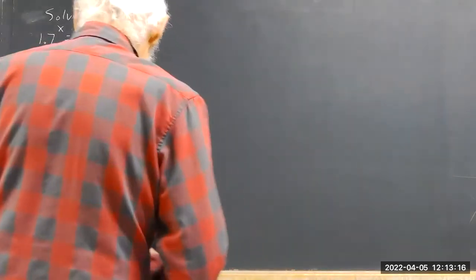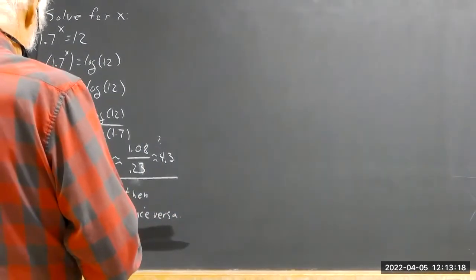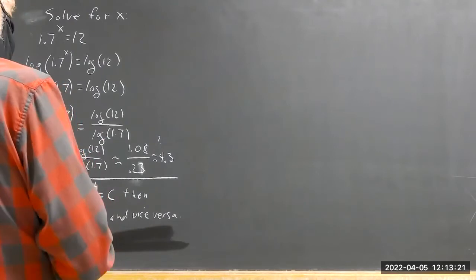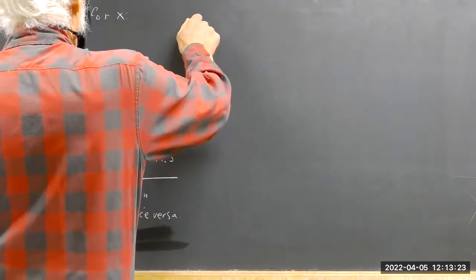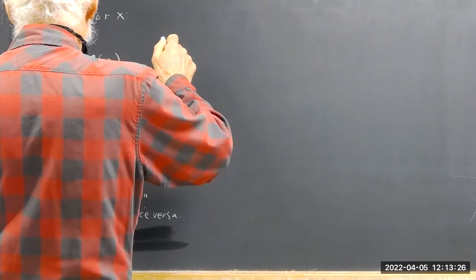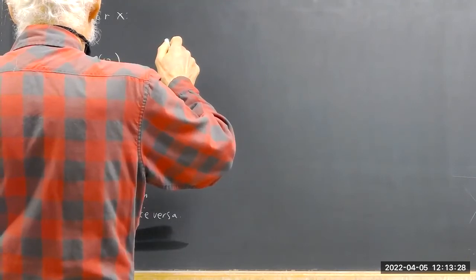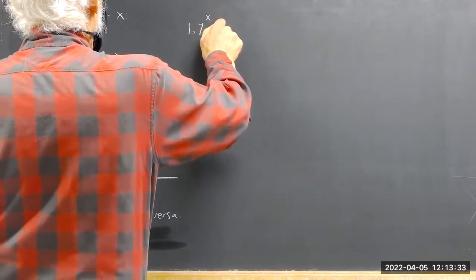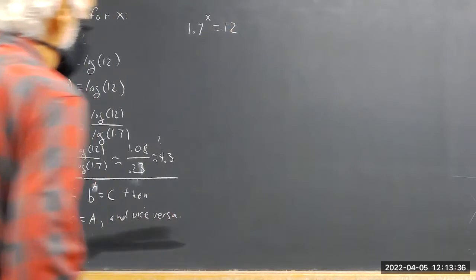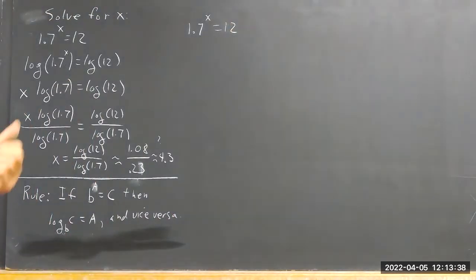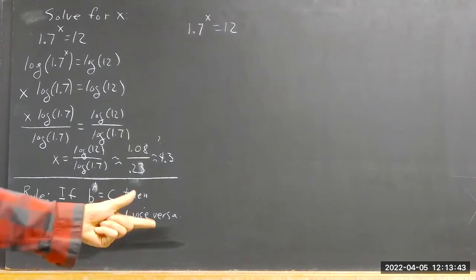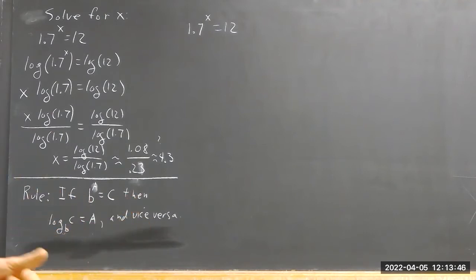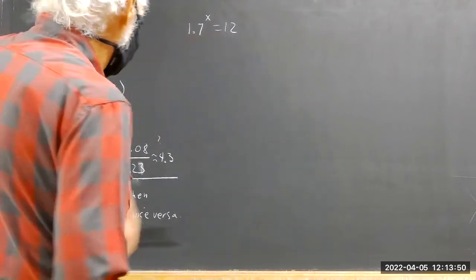Actually, our equation (1.7) to the x equals 12. That's trying to force something into the wrong form. Pretend you never saw that. Okay. Our equation is 1.7 to the x.